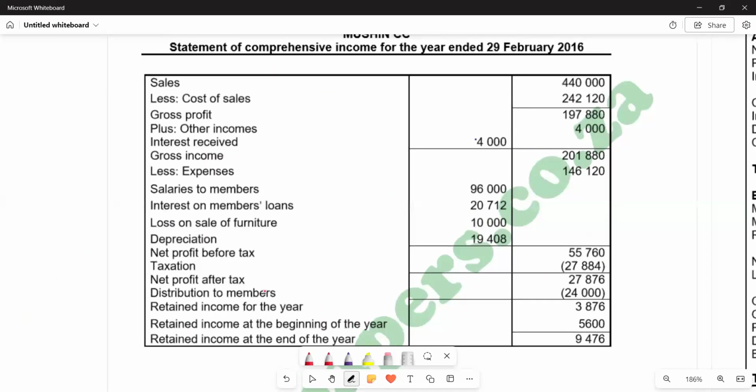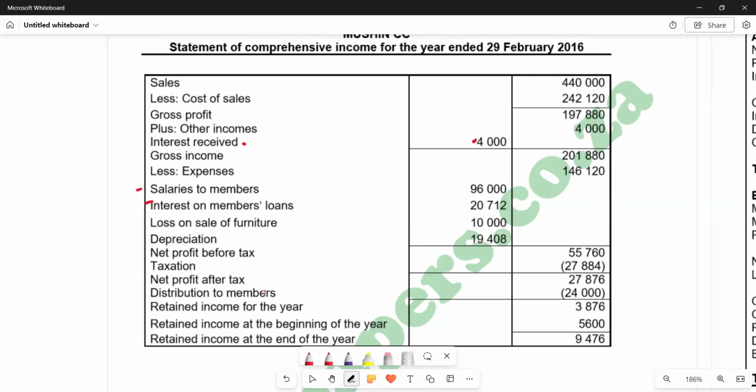If you come here, you would see your figure for interest received, which is going to be 4,000. And then the other interest that we have is interest on members loan, whereby we are having 20,712, and we are also having our salaries to members 96,000.